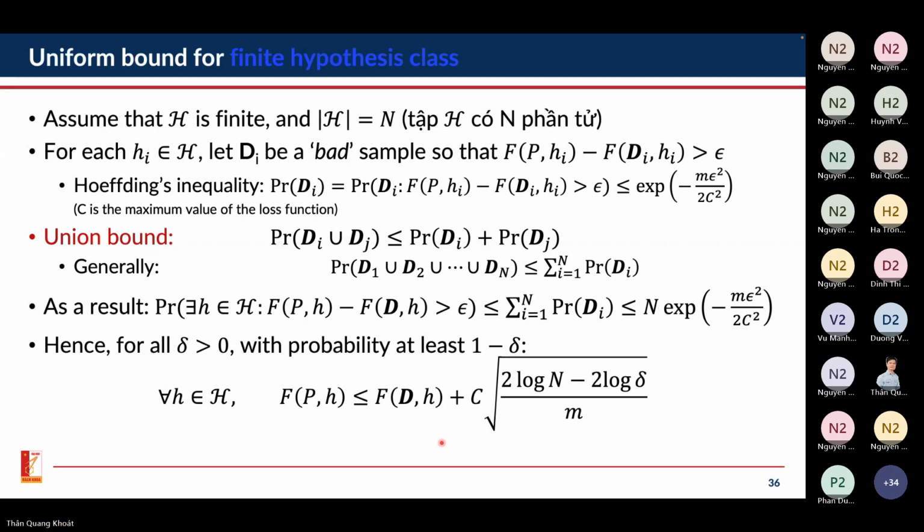Okay? And by this way, we can see that as m goes to infinity, this quantity goes to 0, right? So the empirical error will go to the expected error. So this result is good, right? If we have a large data set, then this quantity should be small. Okay. So it means that this model class is PAC learnable, right?